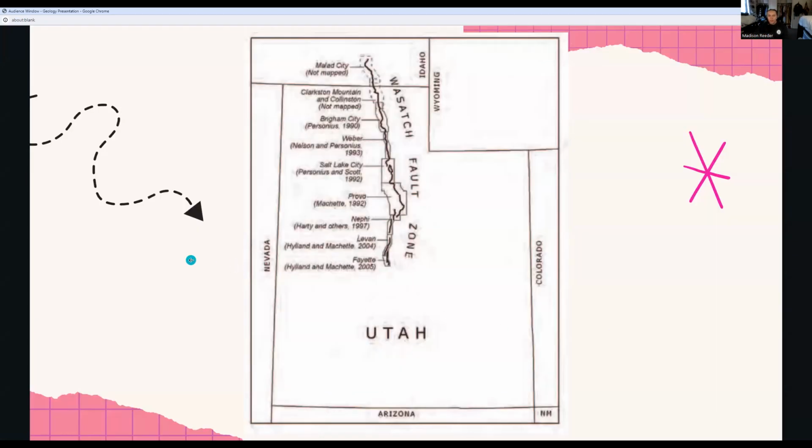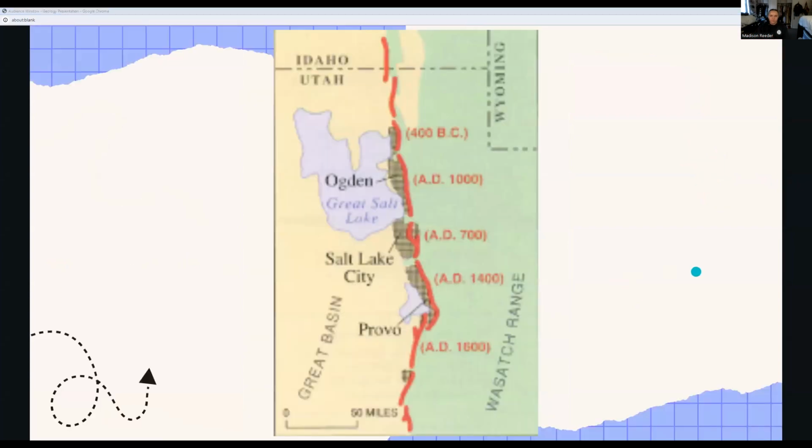Okay, so we have this map that shows us the different sections on the Wasatch Fault. As you can see, there's 9 different sections, and every single section is a normal fault. And then this other map that I found shows the last estimated earthquake from each section that had a magnitude of 6.5 or greater.